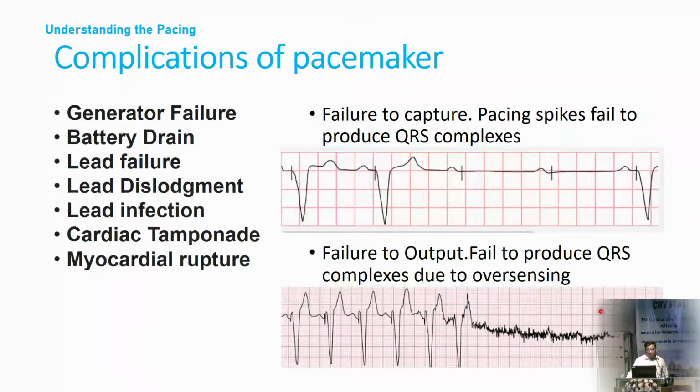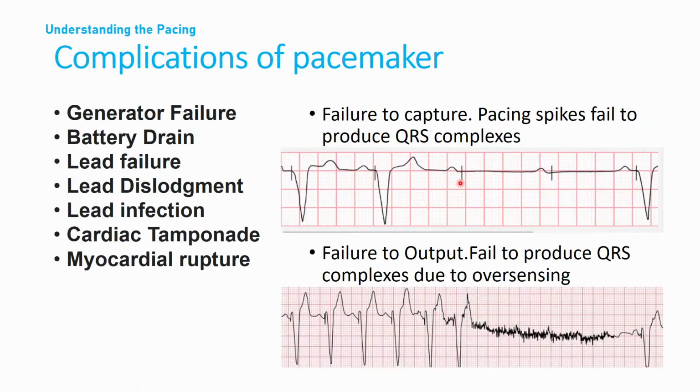Here you see there's a P wave followed by a spike, but there is no QRS, which means the pacemaker has delivered the voltage but the myocardium is not captured, the chamber has not contracted. This is loss of capture. We see the pacemaker spike but there is no QRS.